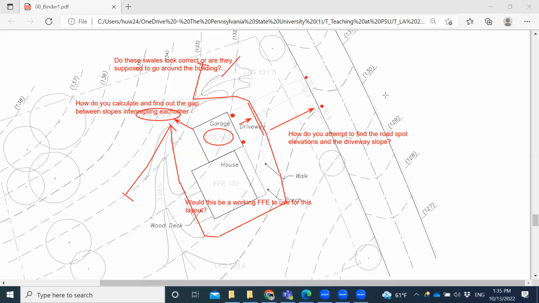It could. Well, this is not the final one. This is the drafting one, right? I would expect your FFE to be above 134, which means I still have a 134 contour that I need to fit in between, right?